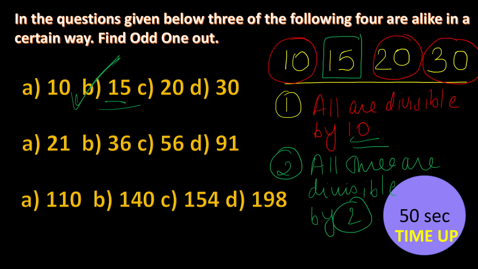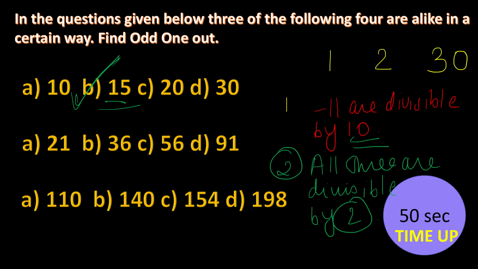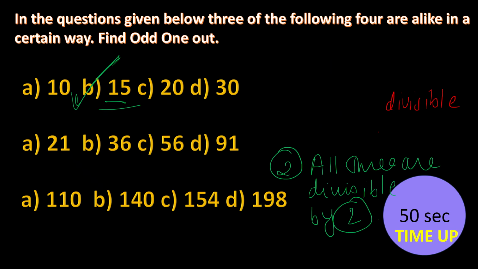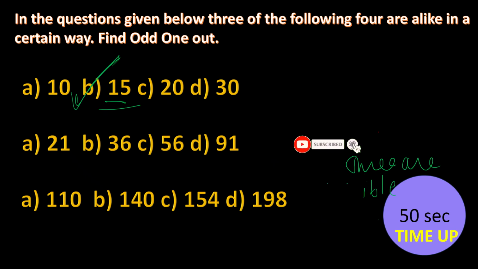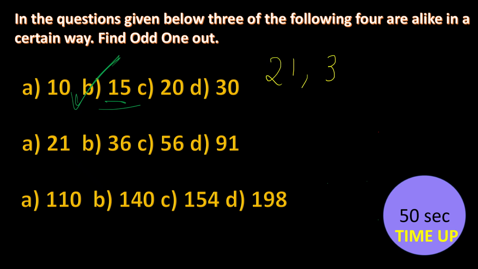Next one, 21 is there, 36, 56 and 91. What do you think? What logic is used here? If you see 21, don't you think it is divisible by 7? Correct? Similarly, if you go for 36, it is not divisible by 7. Next, if you see 56, it is also divisible by 7.